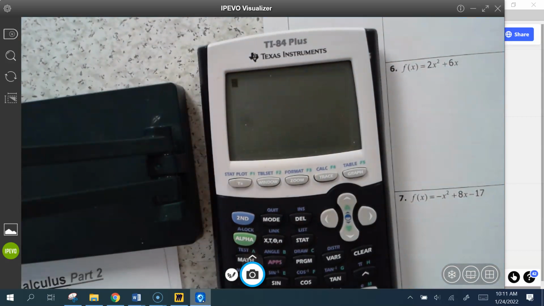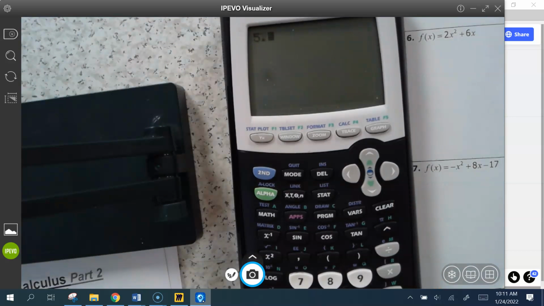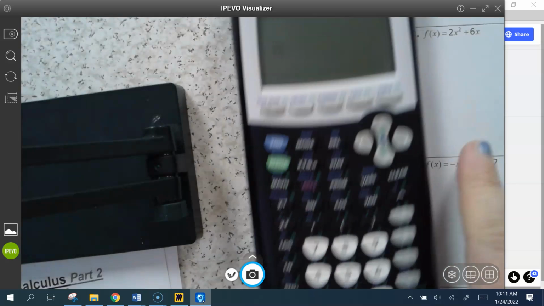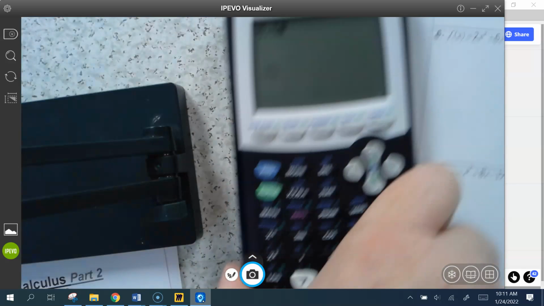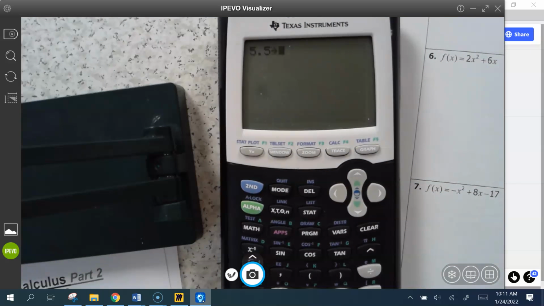If I do 5.5, then I hit this button down below the LN that says STO, and then the X button right below mode. That tells my calculator that every time I type X, remember that it's 5.5. So hit enter, and now all you have to do is type your equation.